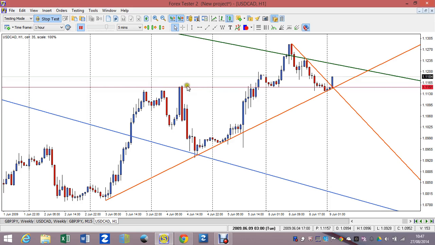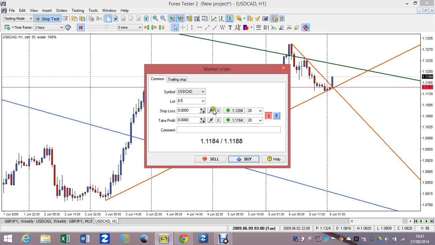Support or resistance turned support here as well. Let's try a buy again here.